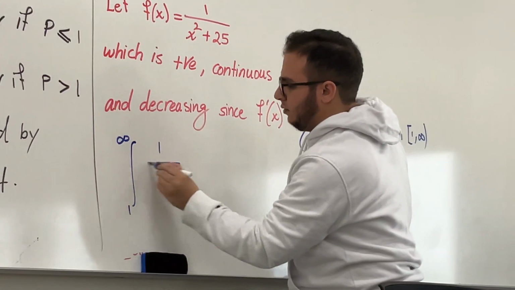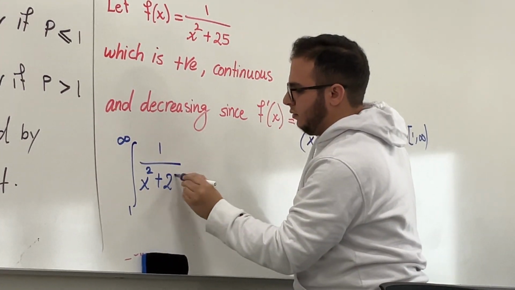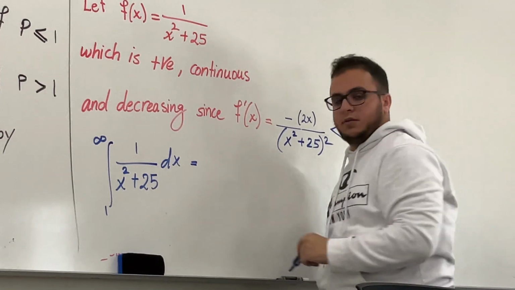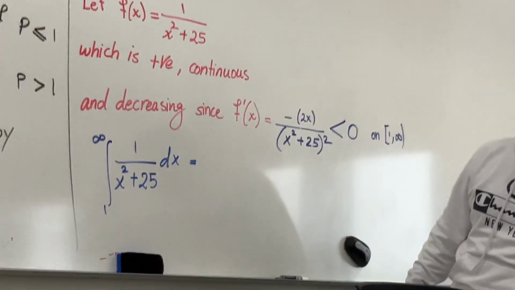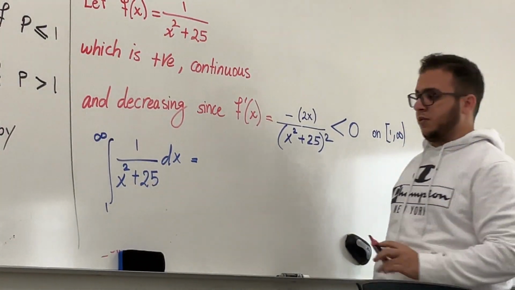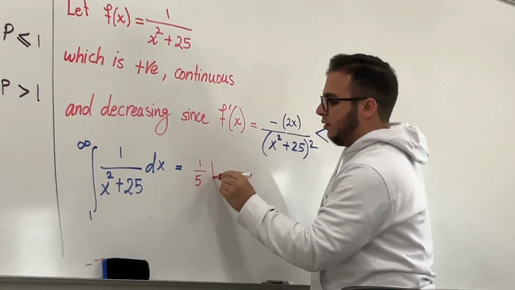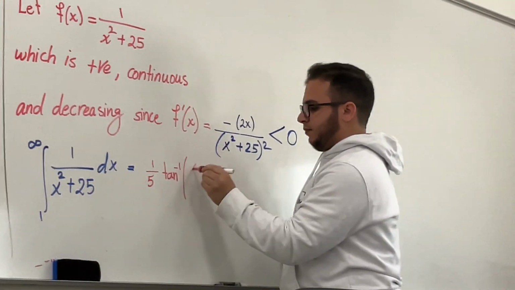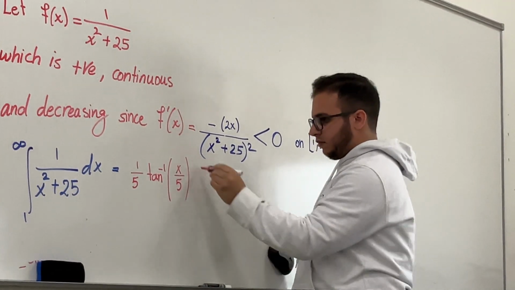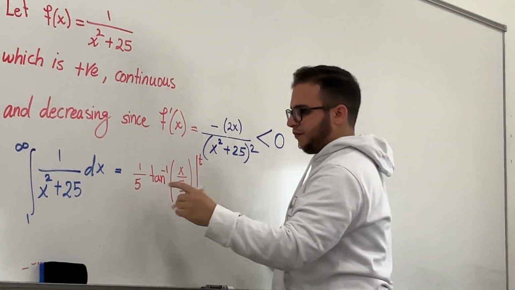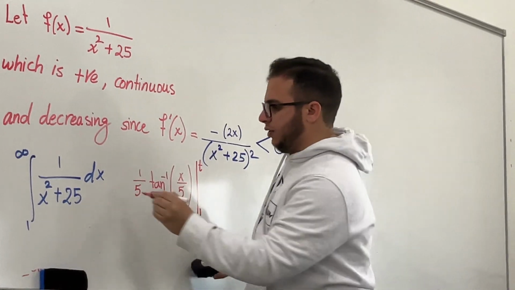How much is this? This is directly tan inverse. Straightforward. 1 over 5 tan inverse from 1 to t, and you need to do the limit as t goes to infinity.